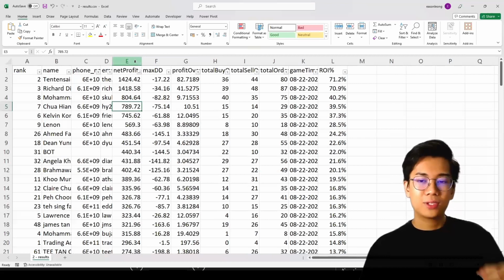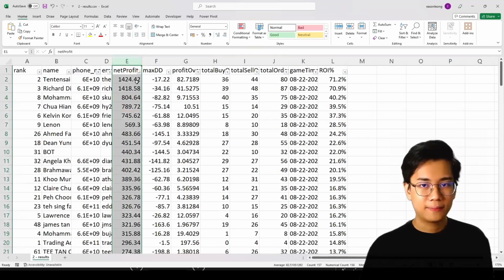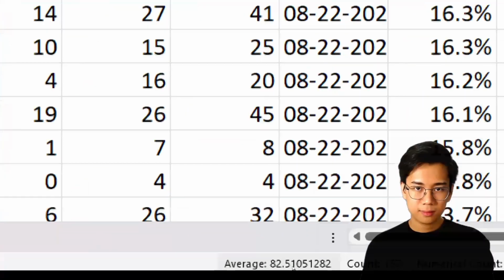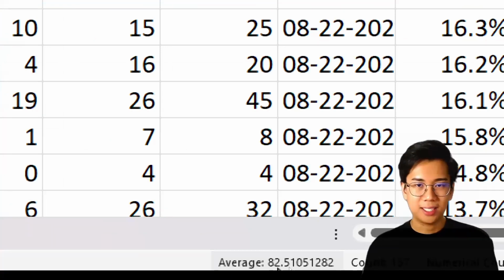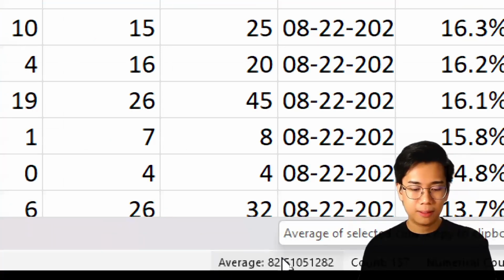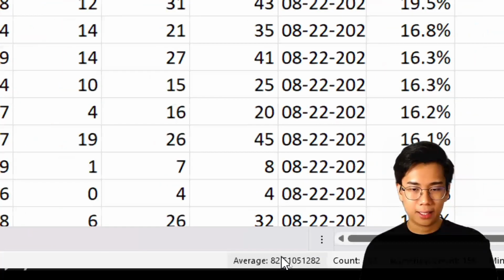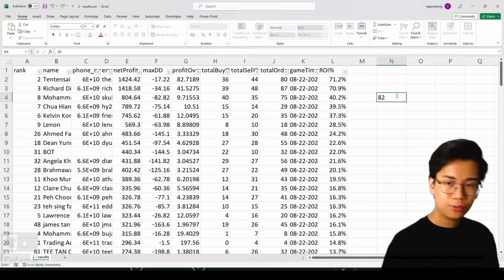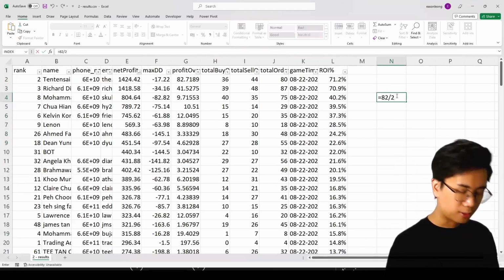But if you take the market average, hey, can you see this? Average is only earning $82 per month. What does it mean, $82 per month? 82 divided by 2,000.